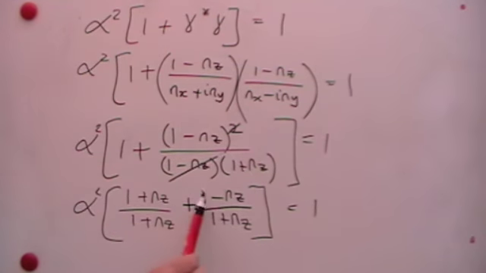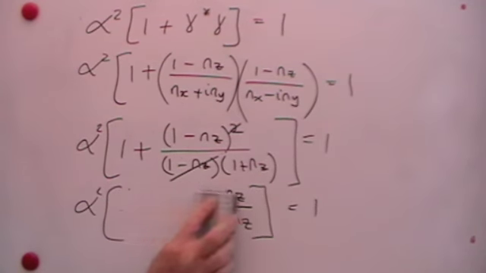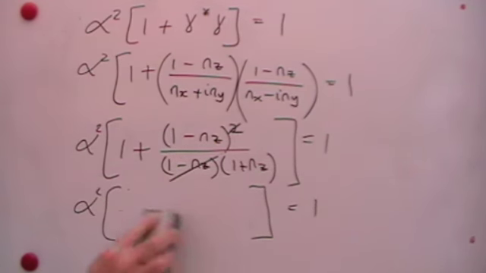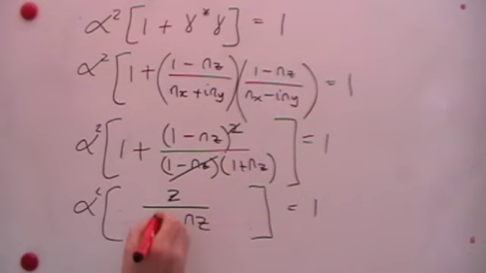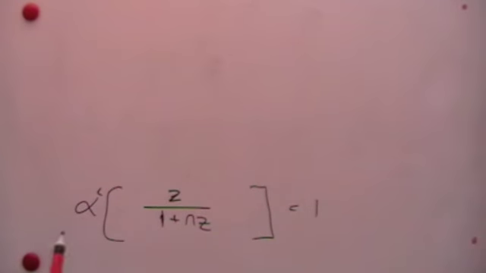Now I've got 1 plus nz minus nz. That all comes to 2 over 1 plus nz. So this goes out and is replaced by 2 divided by 1 plus nz. Let's get that right. I've just left the equation at the bottom.